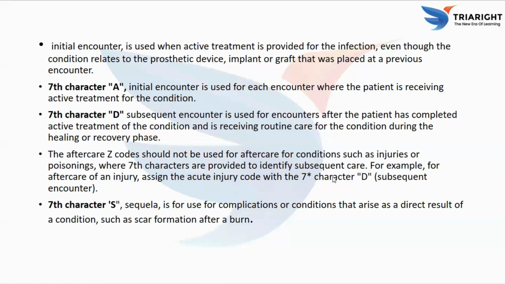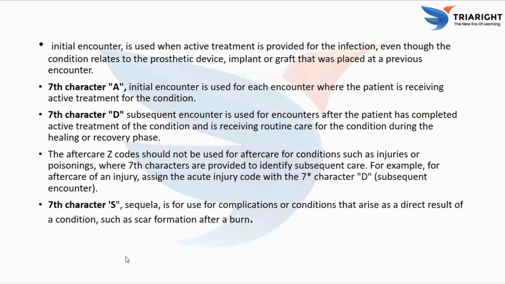And coming to seventh character S, that is sequela. Sequela is a residual condition that remains after the acute phase has ended. For example, a scar after a burn, chronic pain after injury, joint stiffness after fracture, and nerve damage after trauma. What is the correct coding rule for the sequela?